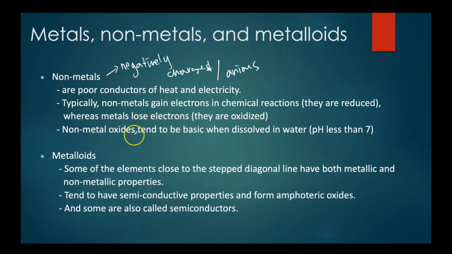Non-metal oxides tend to be acidic when dissolved in water. Metalloids are the ones close to the stepped diagonal line, which have both metallic and non-metallic properties, so we can sometimes call them semiconductors. They tend to have semiconductive properties and form amphoteric oxides.